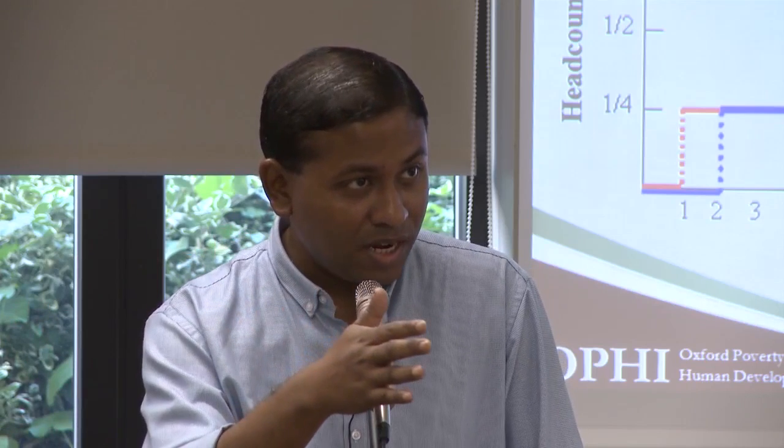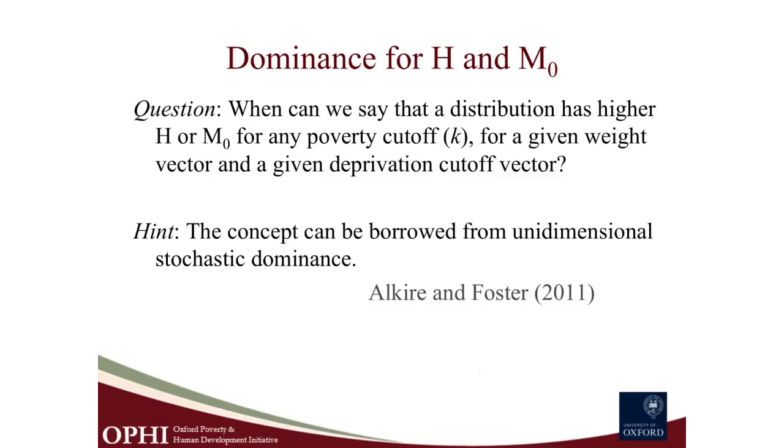Higher than K. So for income poverty analysis, we identify those as poor whose incomes fall below the poverty line. And in this case, we identify those whose deprivation scores lie on or above the poverty cutoff, right?